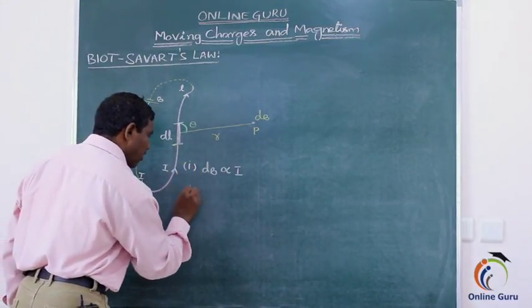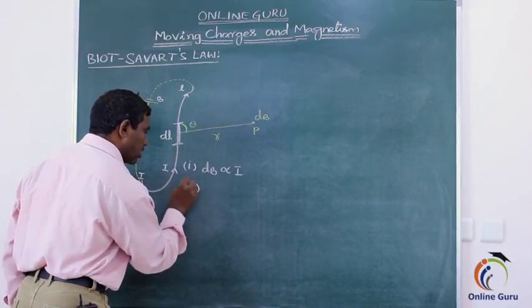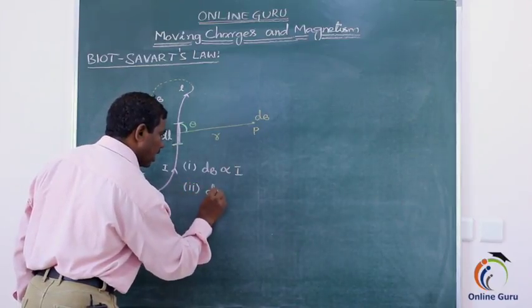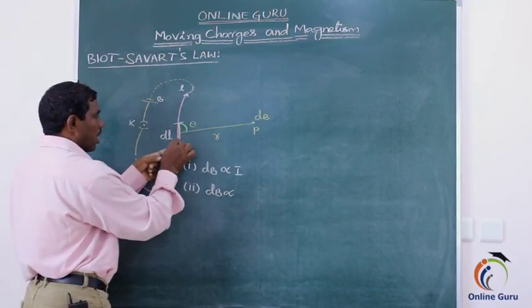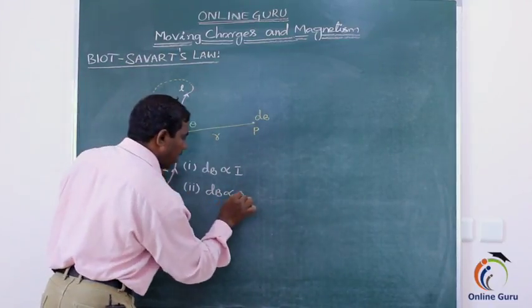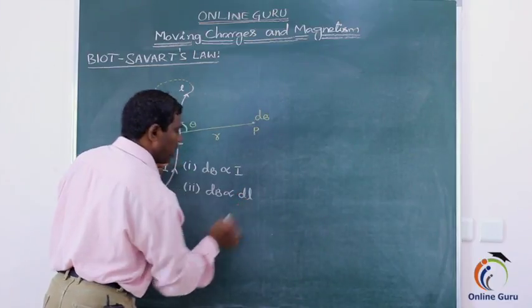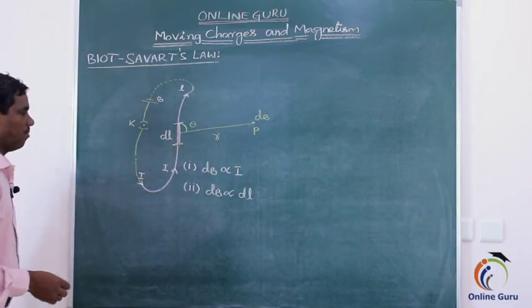Then the second observation by Biot and Savart is that the magnetic induction dB is directly proportional to the length of the current element. That length of the current element is dl.